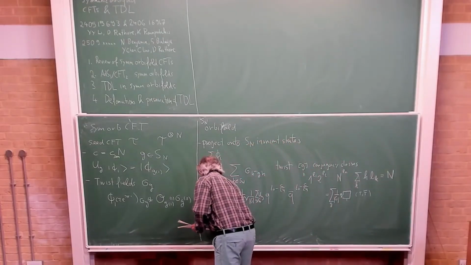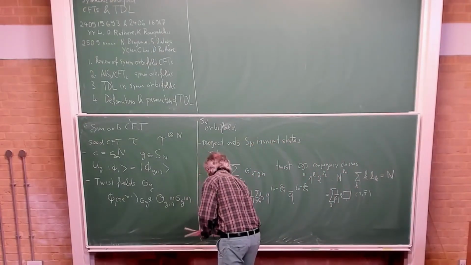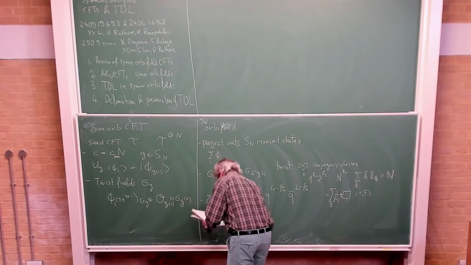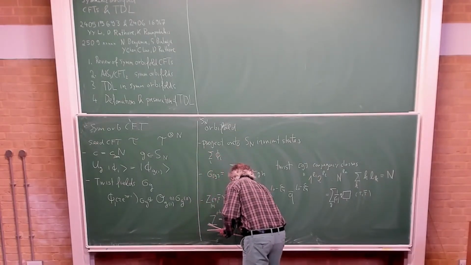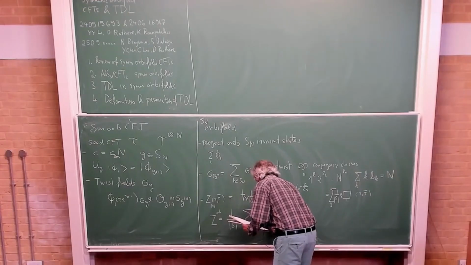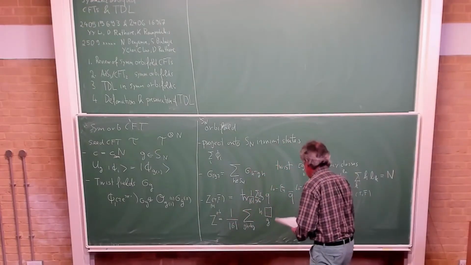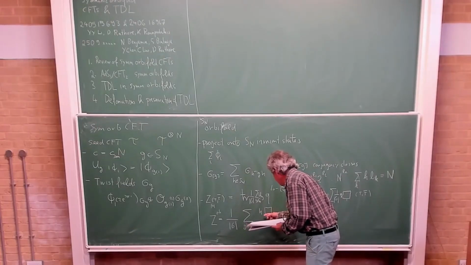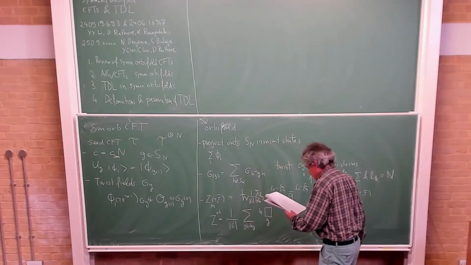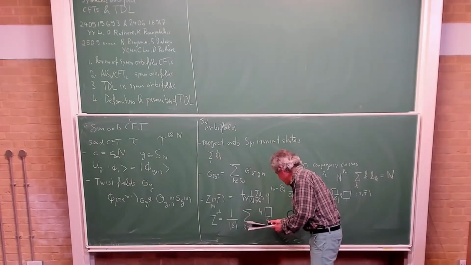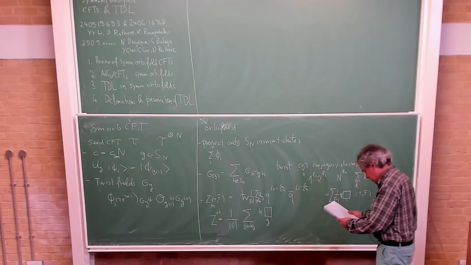To make a long story short, the partition function of the orbifold theory can then be viewed as follows: we insert these projections, both in the space and the time direction, and we interpret these as belonging to the twisted sector.